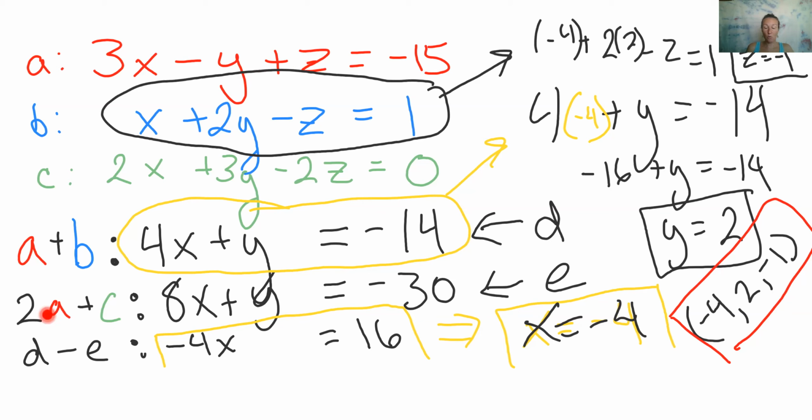If you want to write out what 2a is on the side and then add that to c, you can do that as well. Okay. So that is solving equations in 3 variables using substitution and elimination. Let me show you a few more examples of when we have some different stuff going on.